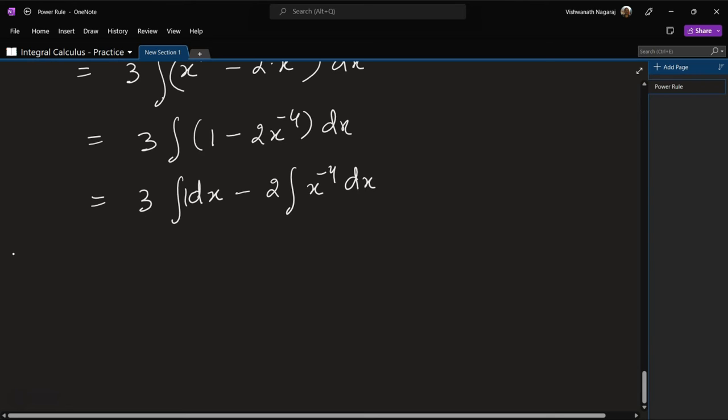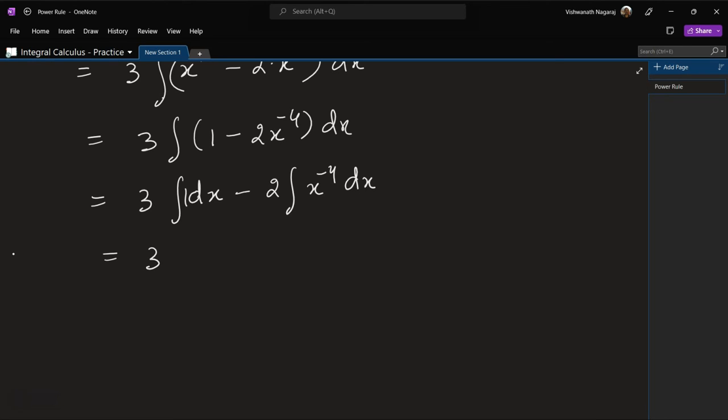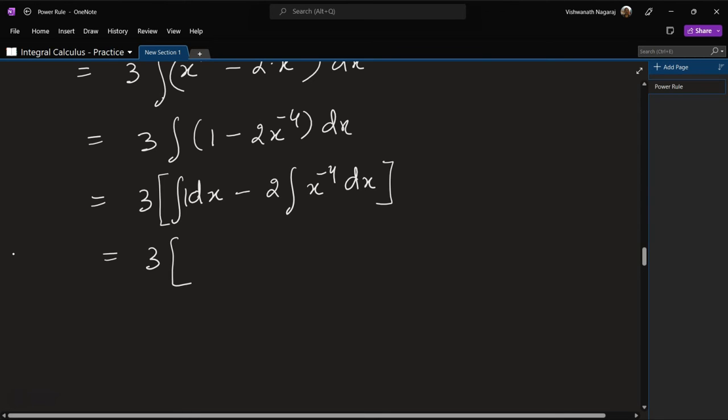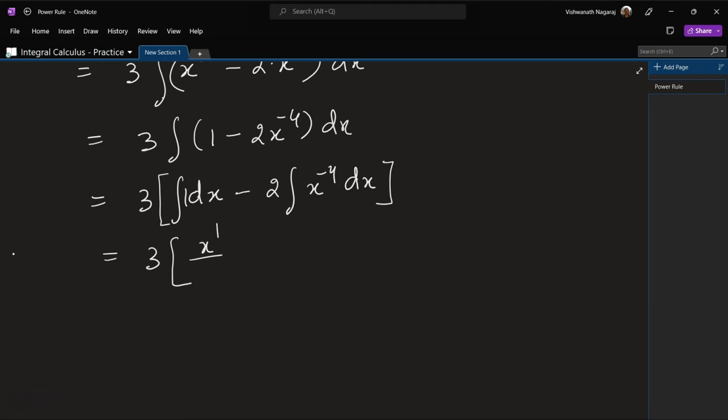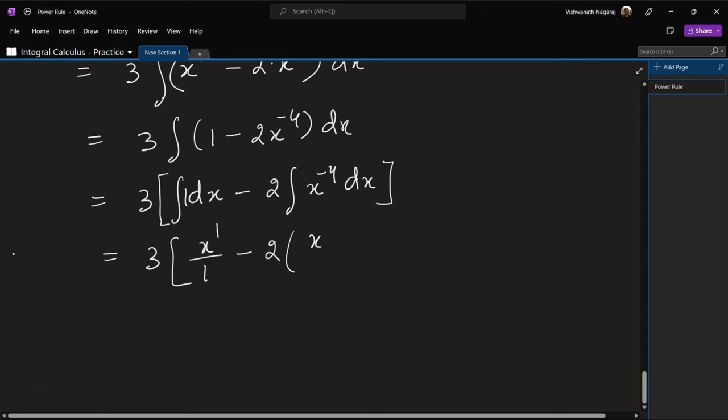Now if nothing is there, it means there is 1, right? So we can write this as, and remember, don't forget this 3 applies to both. So we should put a bracket here. So this will be what? 1 is nothing but x to the power of 0. So x to the power of 0 plus 1 is 1 by 1 minus 2 times x to the power of minus 4 plus 1, that is minus 3 by minus 3.